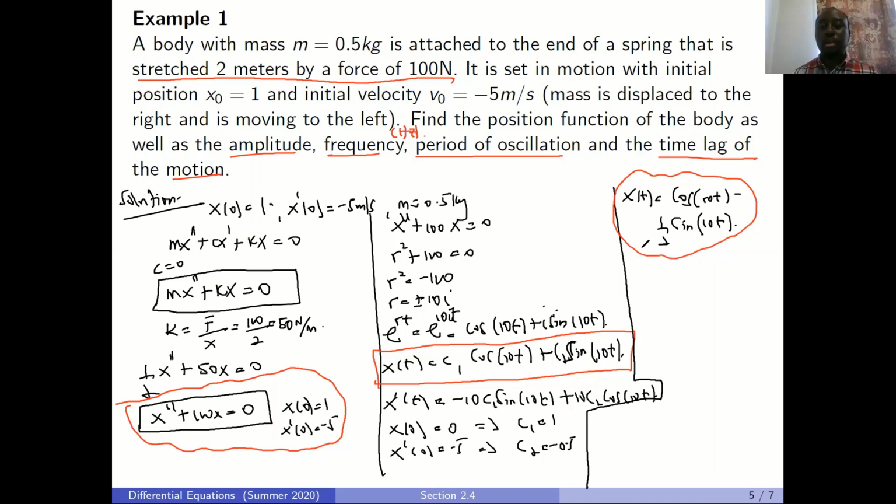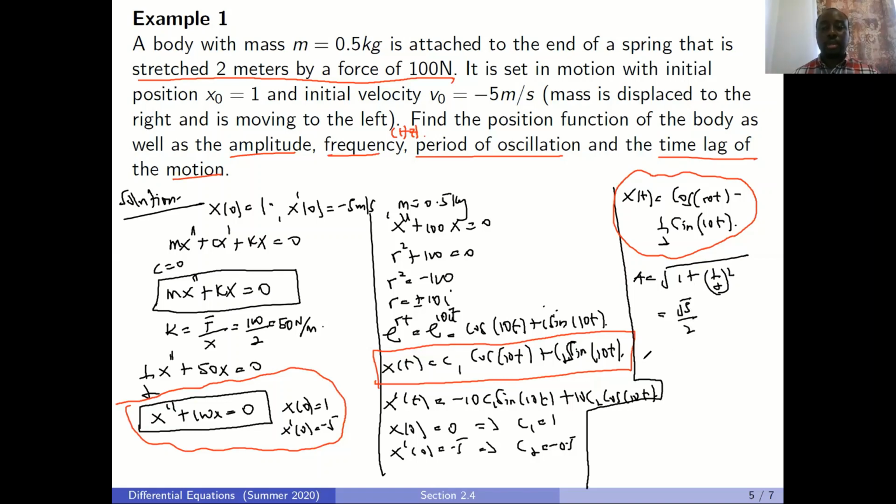Okay, so to pick out our amplitude, we're going to combine this into a single trig function. So we're going to set our amplitude A to be the square root of 1 plus 1/2 squared, which is square root of 5 over 2.